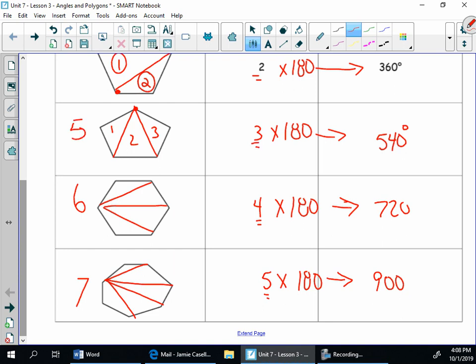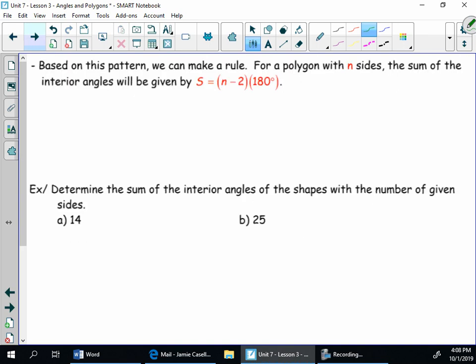There's a pattern here too. If I count the number of sides I have and subtract 2, I always get how many triangles I have. Since I know that each triangle is 180 degrees, I can create a formula that allows me to do this regardless of how many sides I have, and do it in a fast way.